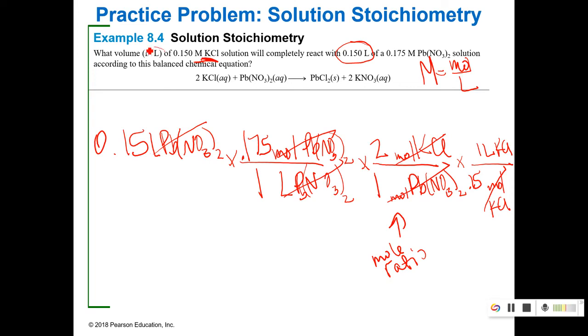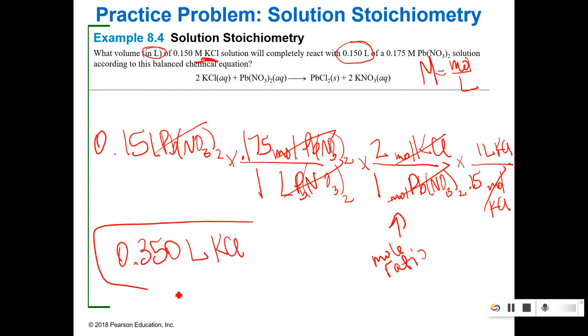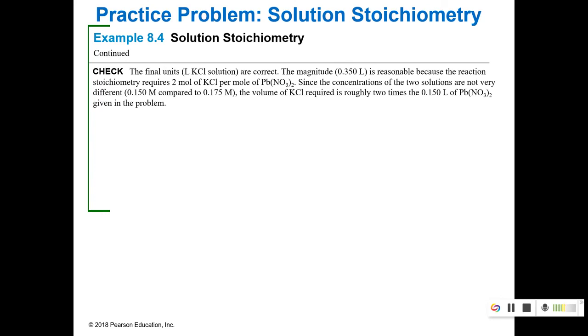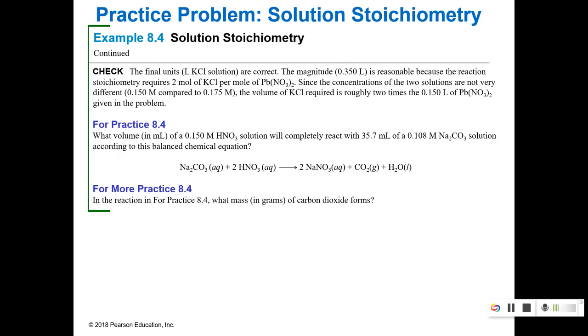I'm left with liters. It wants liters of KCl, so we're good. I get 0.35, so it should be 0.350 liters KCl. Okay, it's going to go through the whole thing. There it is, 0.35.